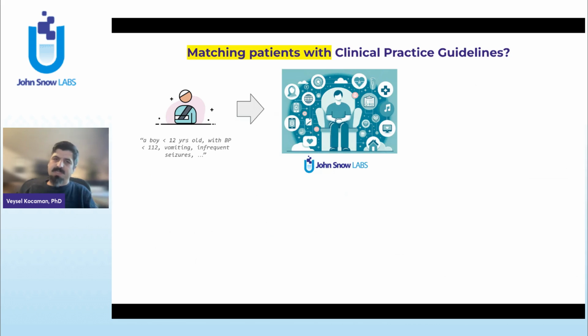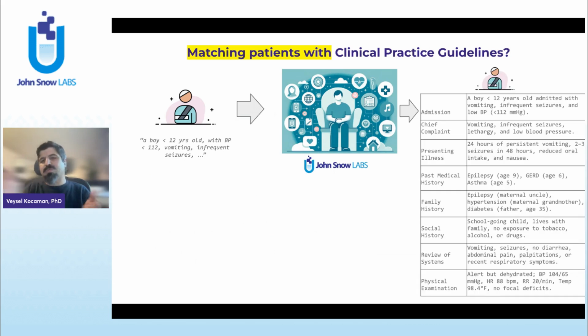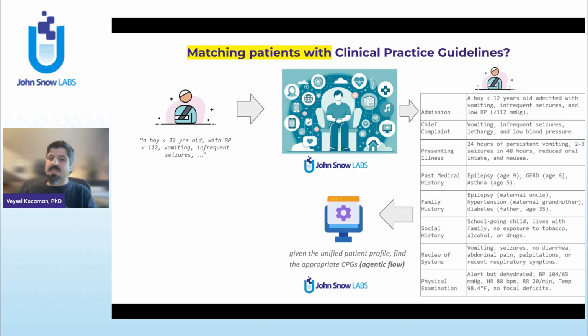So you have the case, you use the Johnson Labs Unified Patient Journey product to augment it. Now you have the right-hand side, right? You only had one sentence at the beginning. Now at the end of the unified journey, you have all this information extracted from the patient's history and EHR records. The next step, given this unified patient profile, is finding the appropriate clinical practice guideline. So we build an agentic flow to pick the right set of CPGs rather than blindly searching for whatever I need among thousands of CPGs, right?